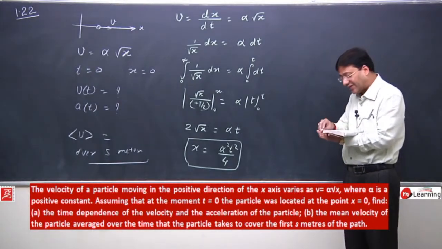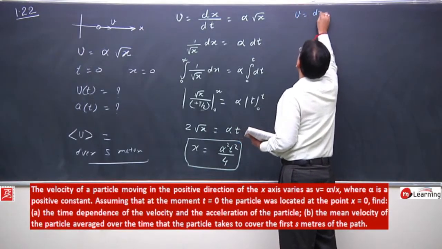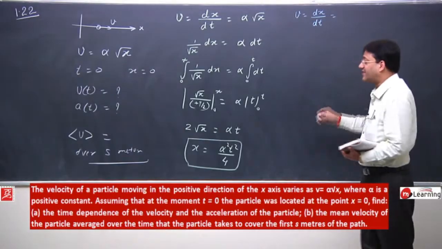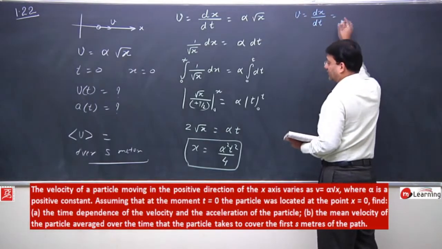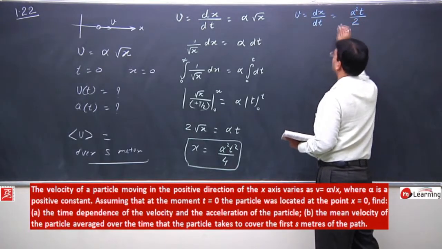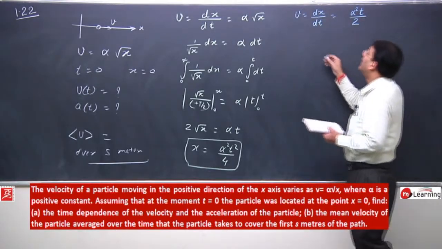In order to write velocity as a function of time, I will say velocity is dx by dt. I differentiate it with respect to time. So, this comes out to be alpha square t by 2. This is velocity as a function of time.